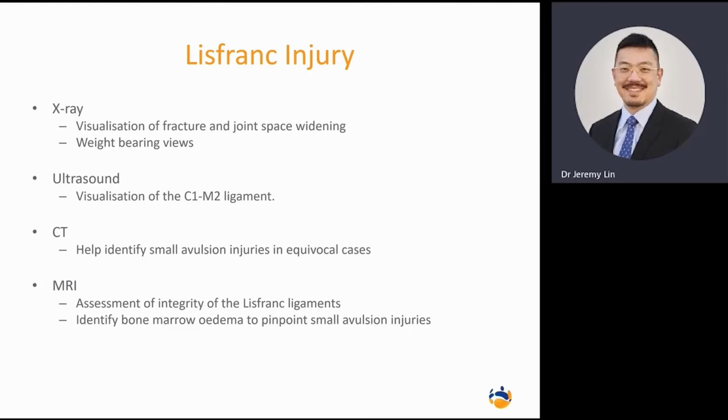Alternatively, if your patients are happy about out-of-pocket cost and you want to reduce the time to diagnosis, we can always do an MRI, which will tell us one, where the fracture fragments are, two, if there's any bony edema, and three, if those ligaments are intact.